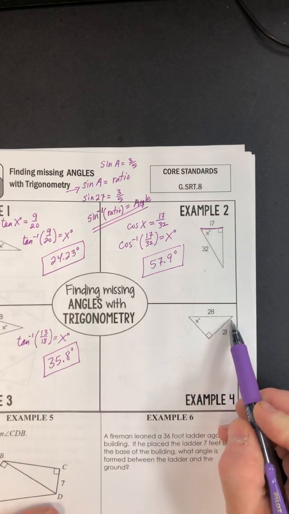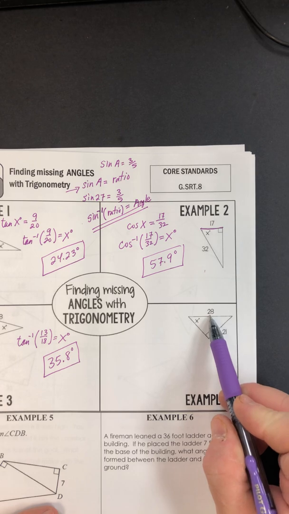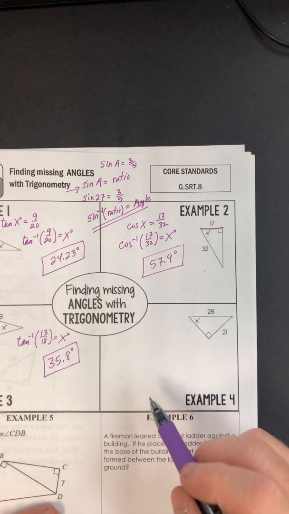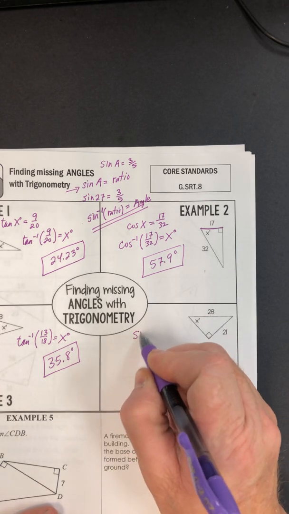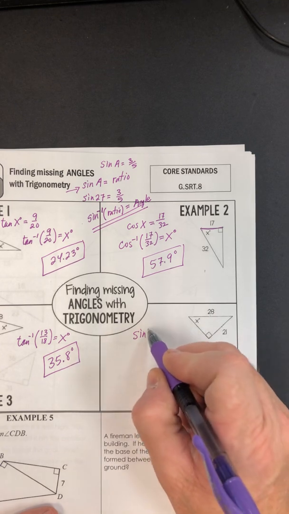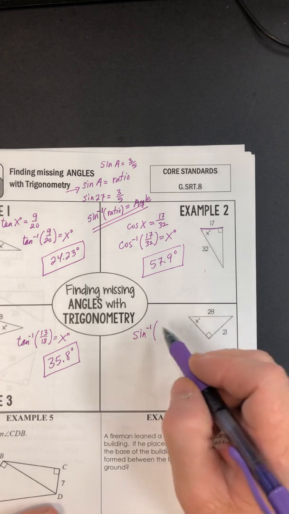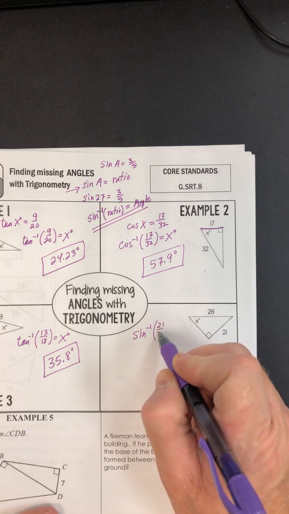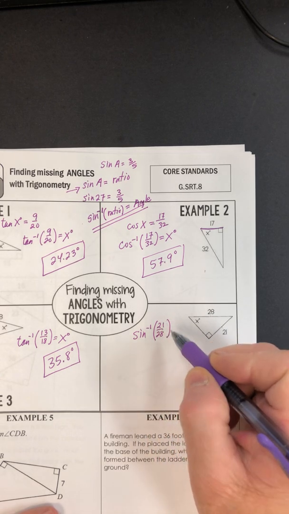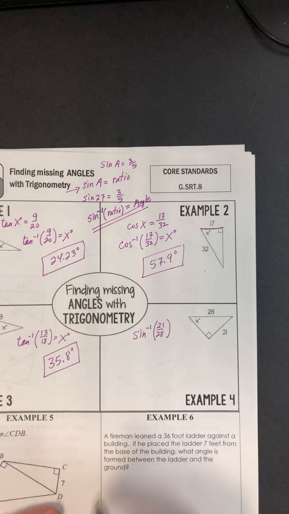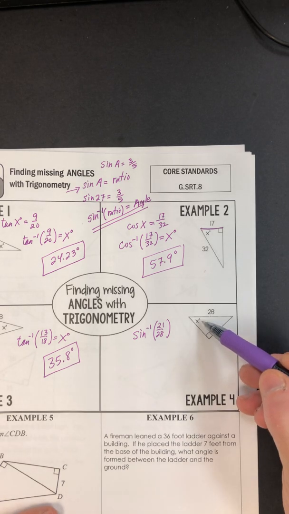From this one, here's my angle. The side I have is opposite and hypotenuse. That is the sine function. So sine, since I'm finding the angle, I'm going to go inverse sine of the fraction or the ratio, 21 over 28, which is the side opposite over the hypotenuse. That's how I knew to use sine, is because I knew that ratio was the sine ratio, opposite over hypotenuse, starting from this angle.